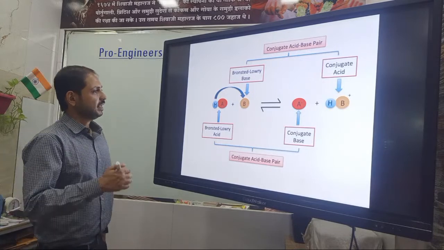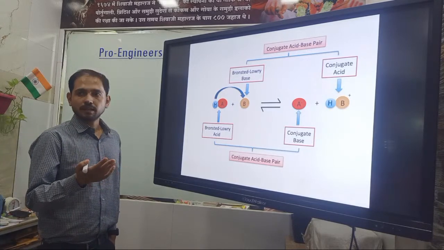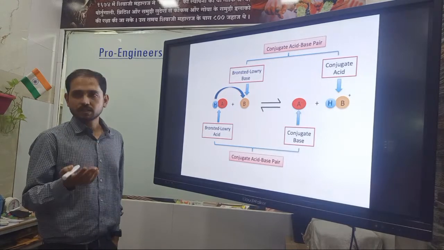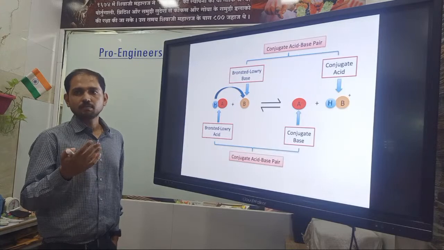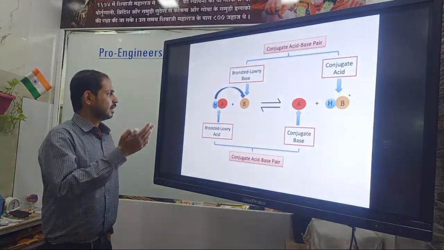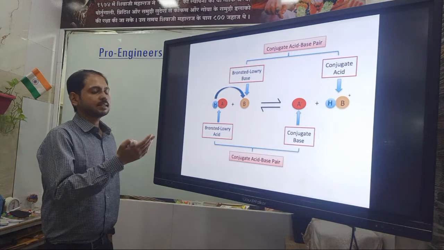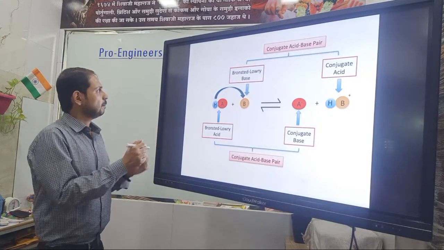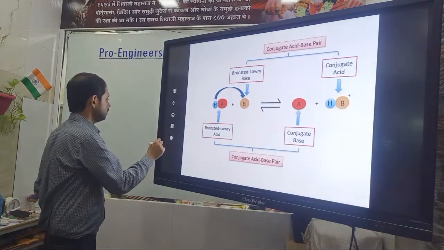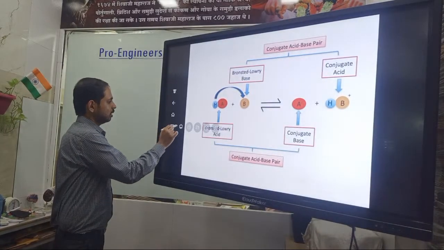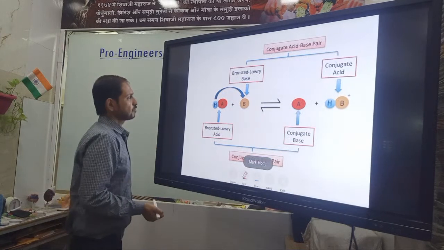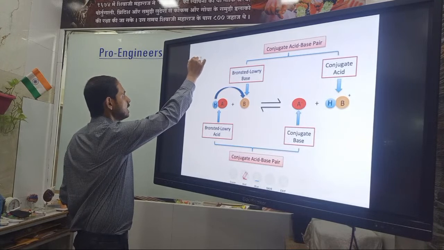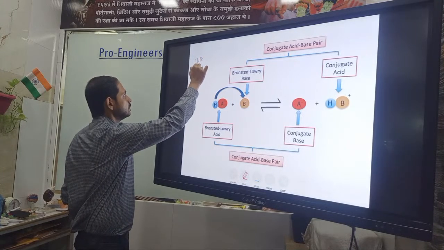If the conjugate acid is more stable, then the basicity is higher. So suppose we compare two species, let's say HA and HB.